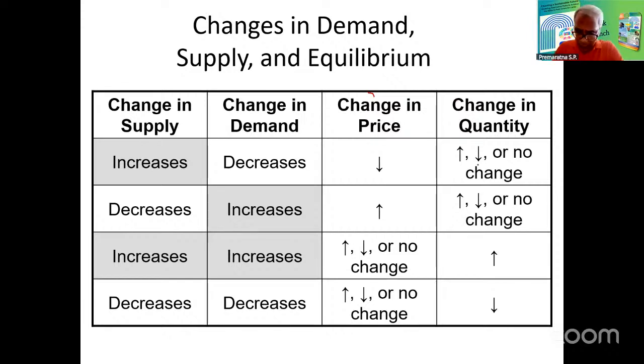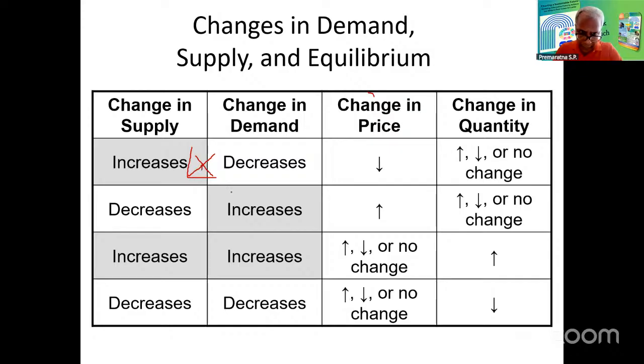You have to do this for each and every scenario and every case here, the graph like the original equilibrium. For example, let's say this is the original equilibrium.